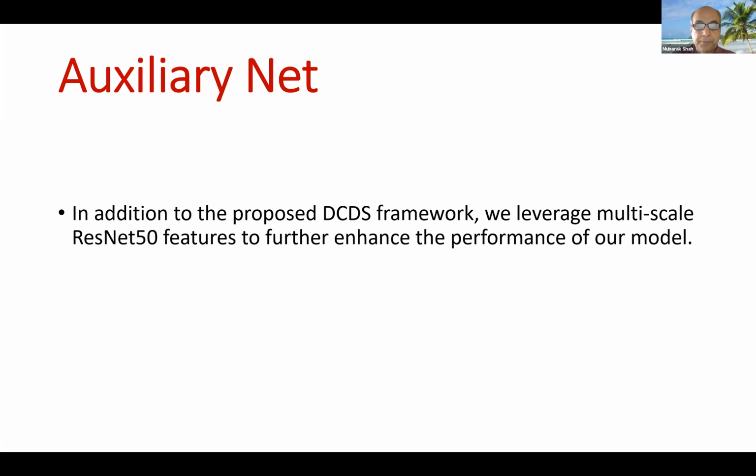Now, once we get the dominant set, those 2 networks, the bottom one is the verification network and the upper one is the constraint dominant set network. We actually have a 3rd network, which we call the auxiliary net. The idea here is that we want to leverage multi-scale features to increase the performance. This has been observed in several other papers also, and that helps.